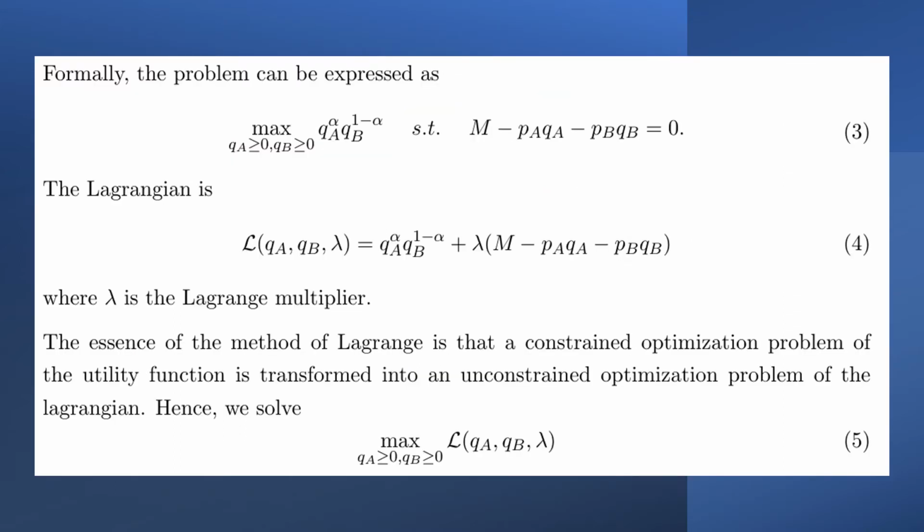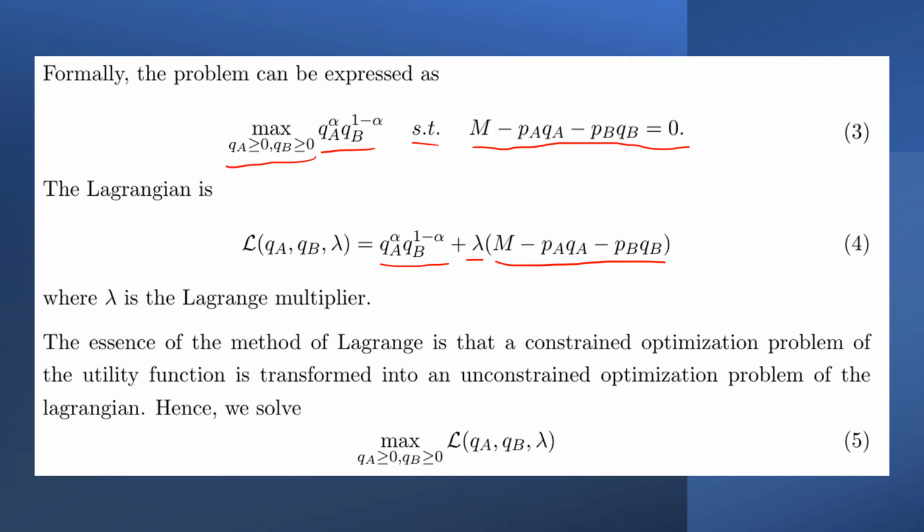Formally, we can express our problem like this. We maximize the utility function by choosing QA and QB, subject to the budget constraint holding. The Lagrangian for this problem is equal to the utility function plus the Lagrange multiplier times the budget constraint.